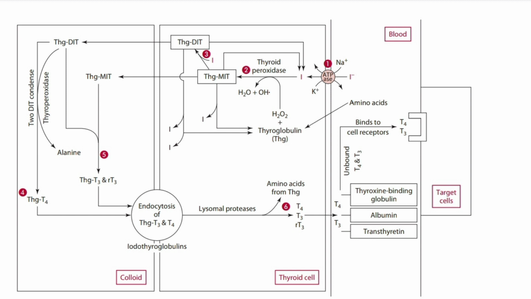A selenium-dependent 5'-deiodinase generates T3 and a 5-deiodinase generates RT3. Conversion of T4 to T3 is impaired with selenium deficiency. So this is the function and transport of iodine.